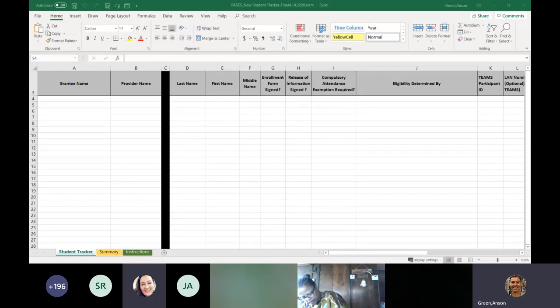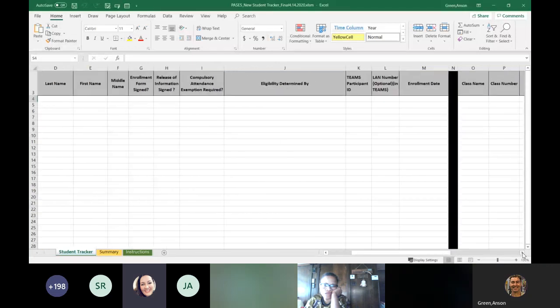And Anson, I want to start off by saying there are 3 different tabs on this tracker, and the tab that you're looking at right now is the actual student tracker, and this is going to be your class level information. You'll notice at the very top that all of these corresponding columns reflect things that we have determined are necessary during an intake and also during a class level participation period.